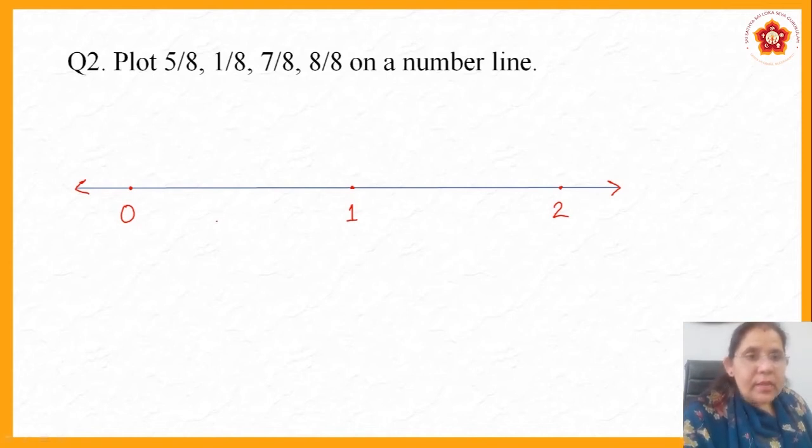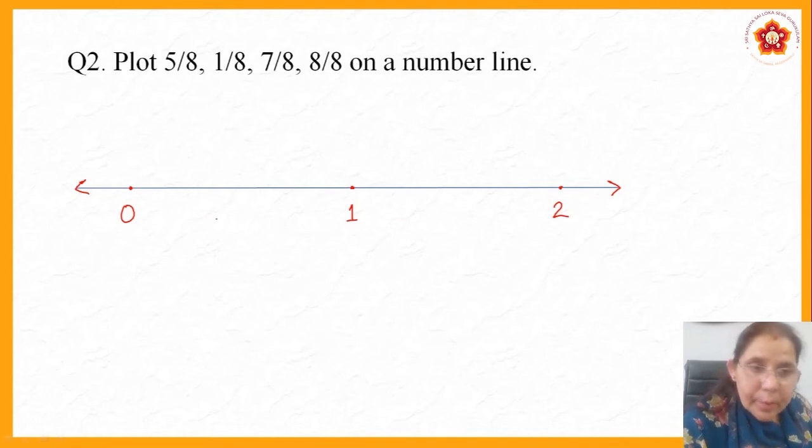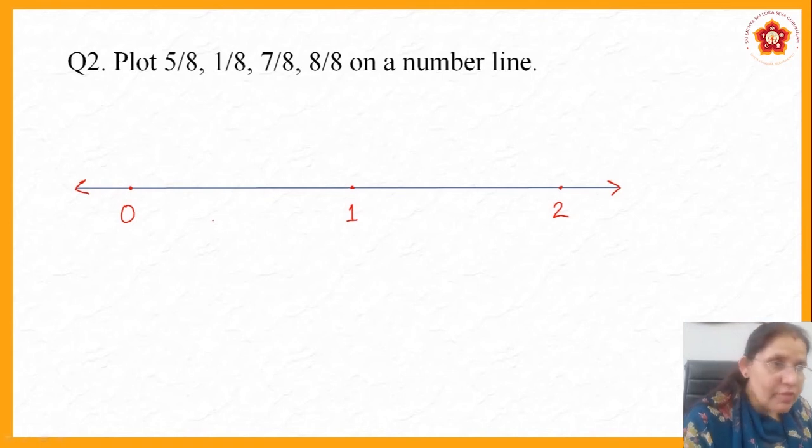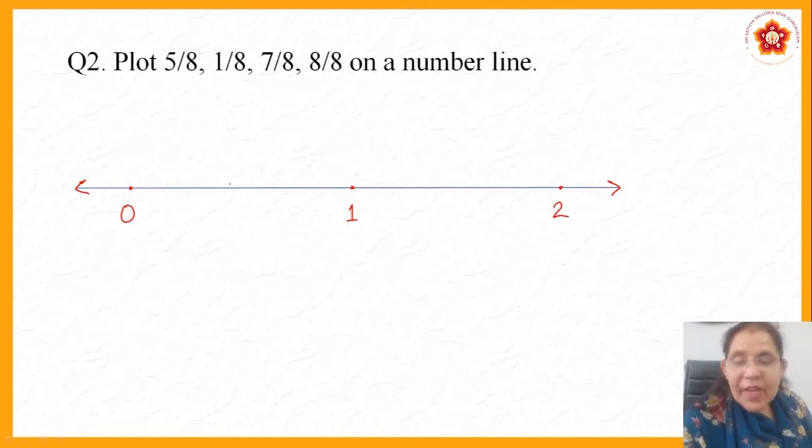All the fractions have 8 in the denominator. So we have to divide the line between 0 and 1 into 8 equal parts. Now if we have to divide it into 8 equal parts, we have to put 7 points.